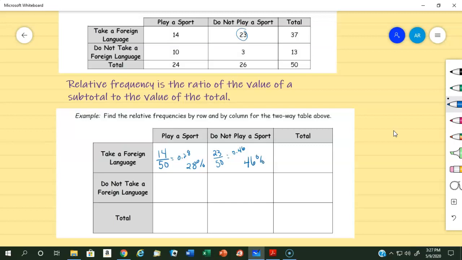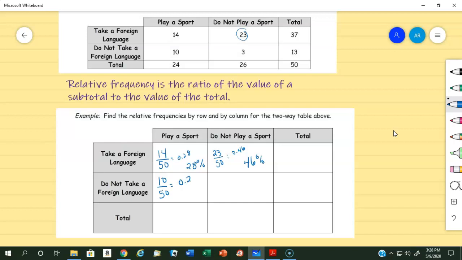I'm going to stay inside here for a minute and do all the ones inside. These are called our joint relative frequencies. So these are the ones that are on the inside of my relative frequency table. So here again, everything is over 50. This happens to be 10 over 50. And that's going to give me 0.2.